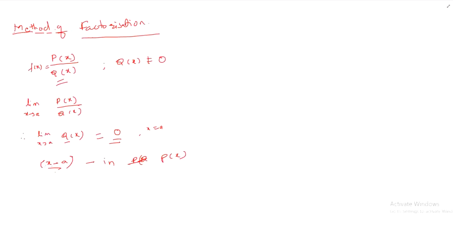So here we have to consider another substitution, or in that case the limit of the function f x as x tends to a does not exist, if the limit of the denominator is 0 and the numerator p of x does not have the factor.